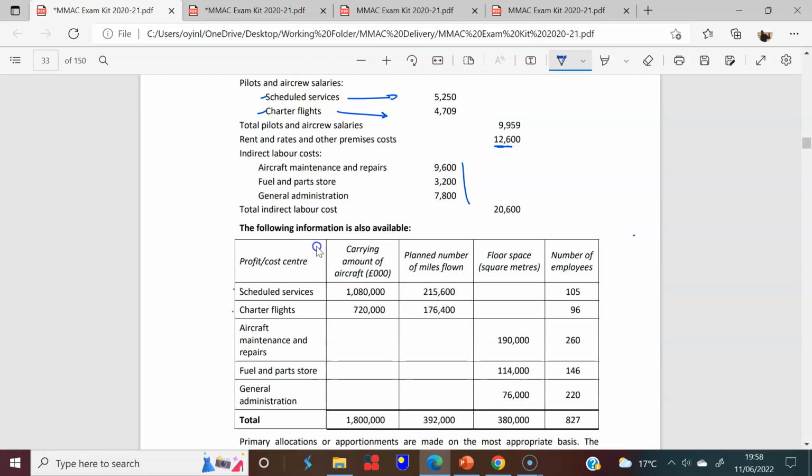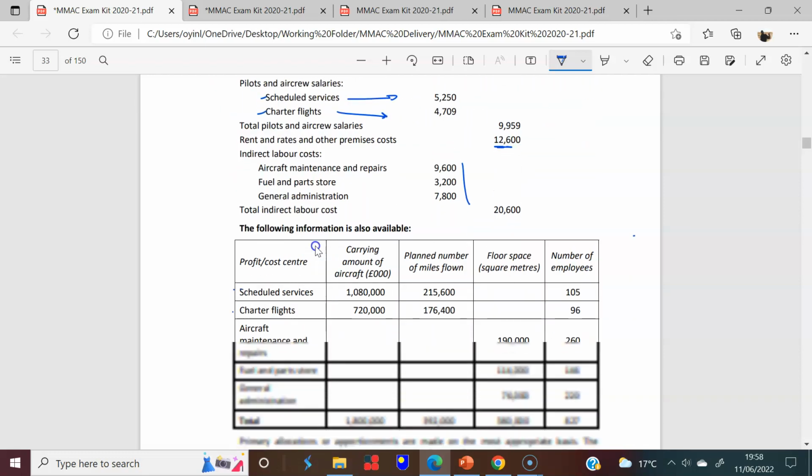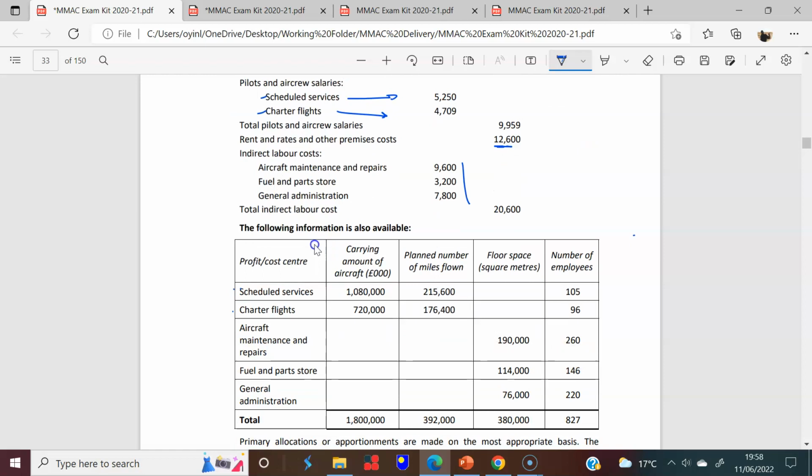So we are literally sharing this cost based on the ratio of these aircrafts, right? So of course, these together is 1,800,000.